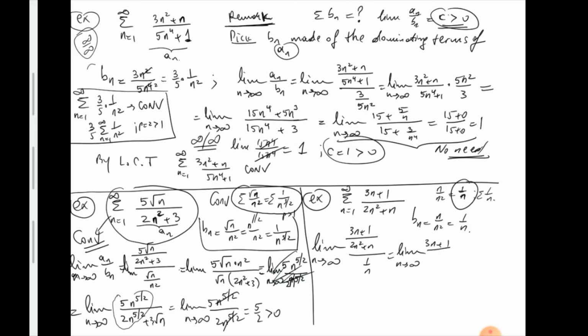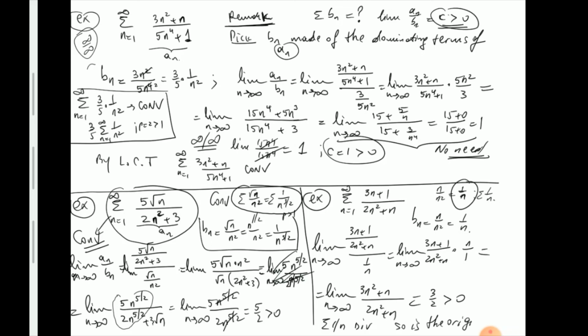See, by choosing bn with the dominating terms only, you're guaranteed to have a finite limit as required by the limit comparison test. So you're guaranteed essentially for the test to work. Here the limit is 3 over 2. It's positive, and because summation of 1 over n is divergent, so is the original series. So this will be divergent.